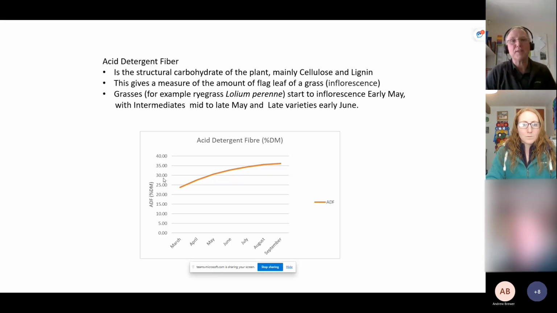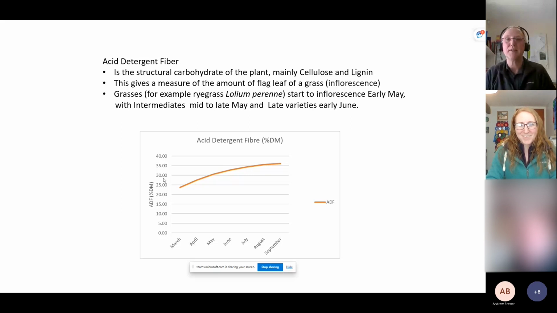The ADF is really an important parameter, because you end up with high levels of fiber whenever you allow grasses to get into a flag leaf scenario. And of course, if you're grazing grass with sheep, you don't want to allow them to get into a strong sward, because, from my experience personally, they tend to ignore it unless they're pushed into it.